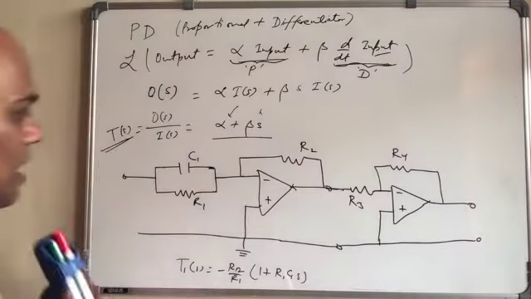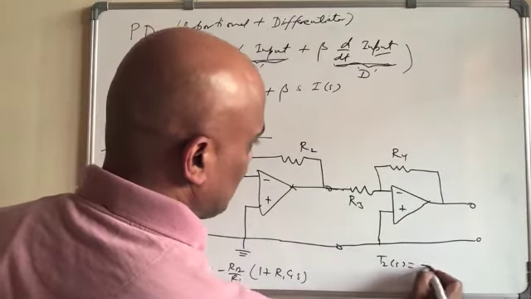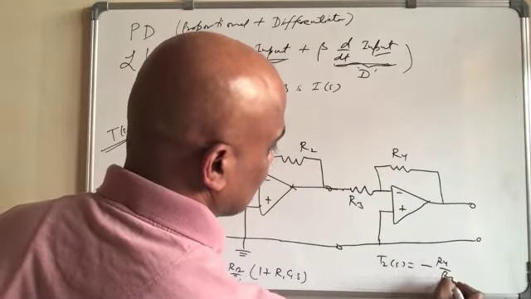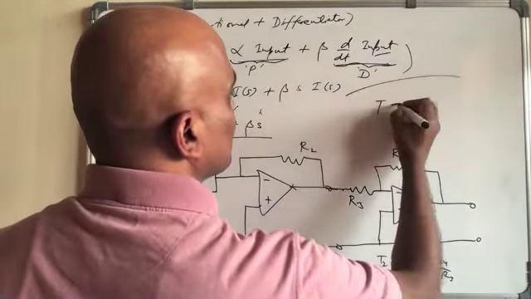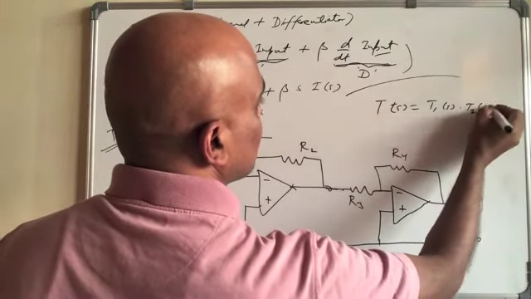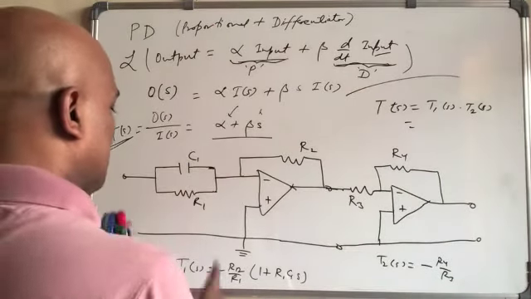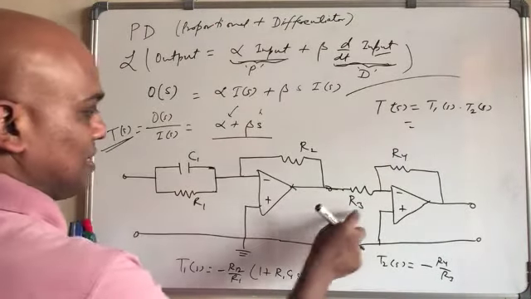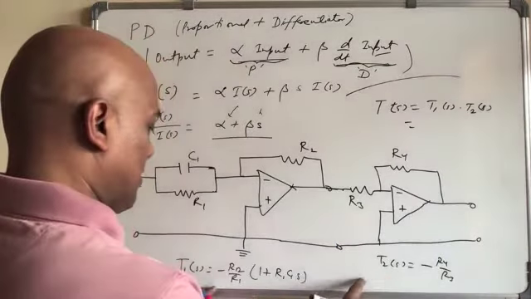So this T2(s) will be simply minus R4 over R3. We have done this already, and hence T(s) will be equal to T1(s) multiplied by T2(s), because they are in series, one after the other. The output of this becomes input to that, hence series. And what do you get?